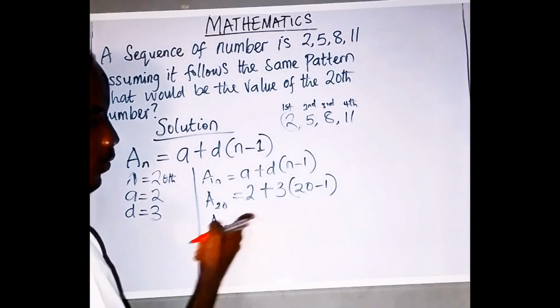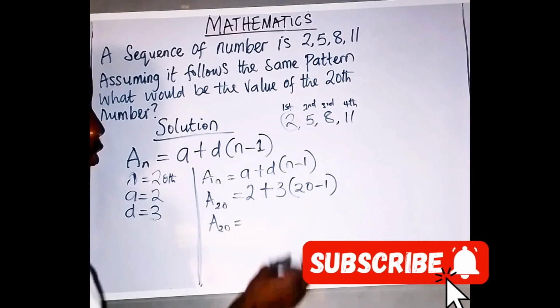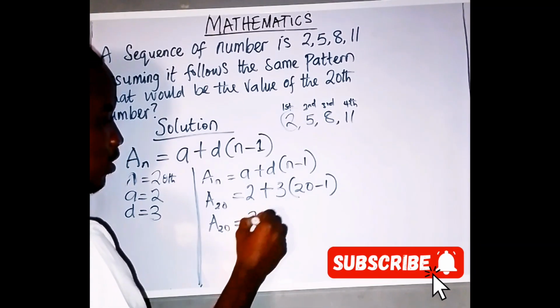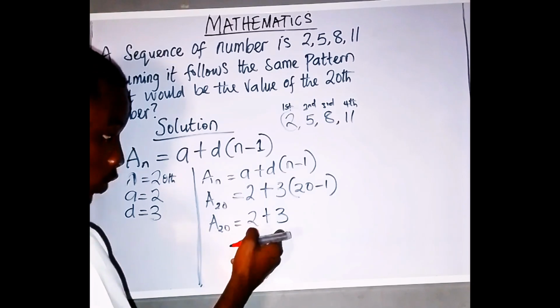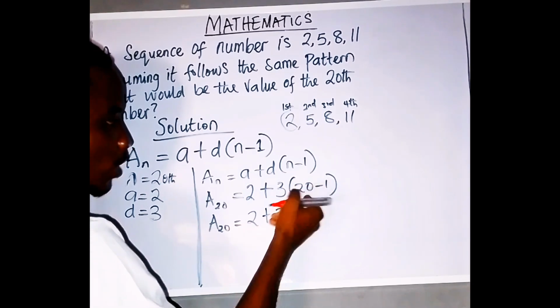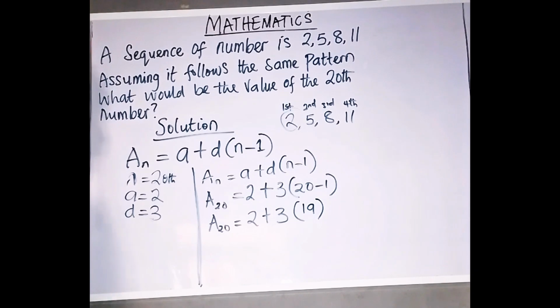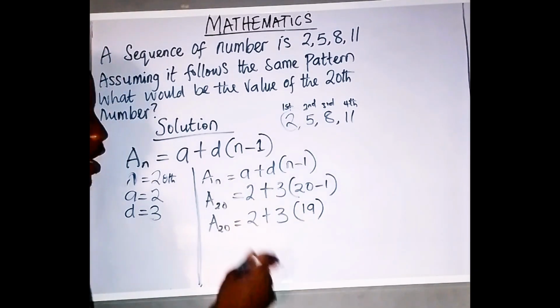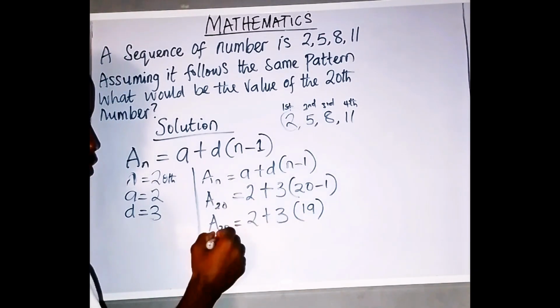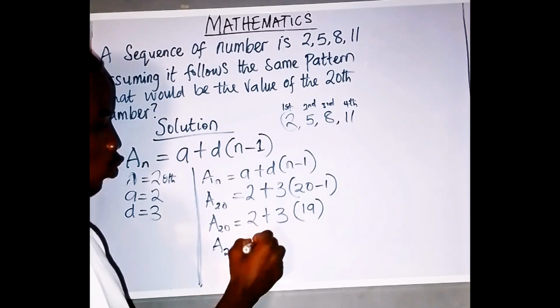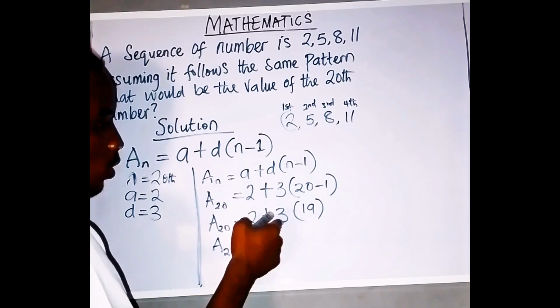So what do I do here now? Remember your BODMAS, you solve the bracket first. So the value of the bracket here is 20 minus 1. So I'll write 2 plus 3, open bracket, 20 minus 1, which is 19. Alright, BODMAS also says I should multiply before adding. So I have my value of the 20th term equal to 2 plus, then I'm multiplying.